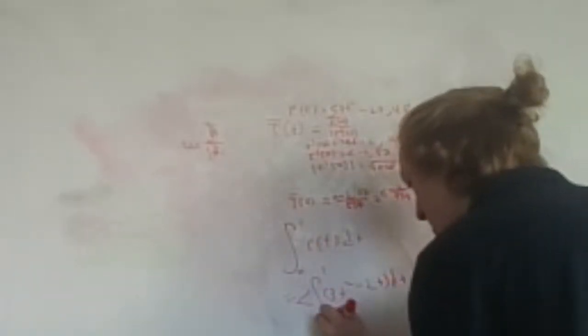So then we can just integrate. For 3t squared, the integral is t cubed. The integral of negative 2t is negative t squared.